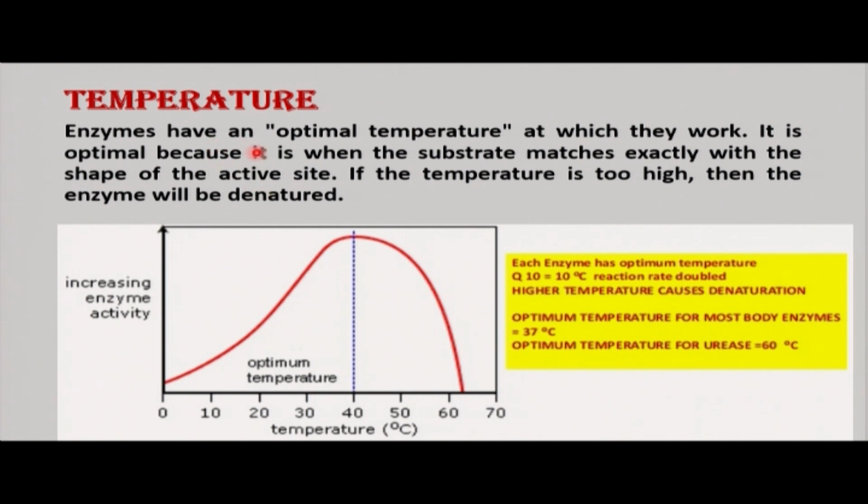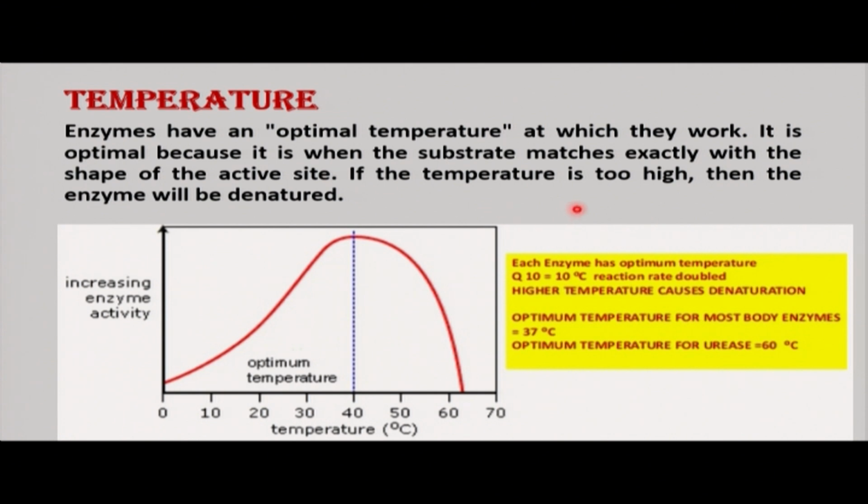Enzymes have what we call an optimal temperature at which they work. That means at optimum temperature, enzymes catalyze the substrates well. It's optimal because it is when the substrate matches exactly with the shape of the active site. That means the substrate fits well in the active site of the enzyme.